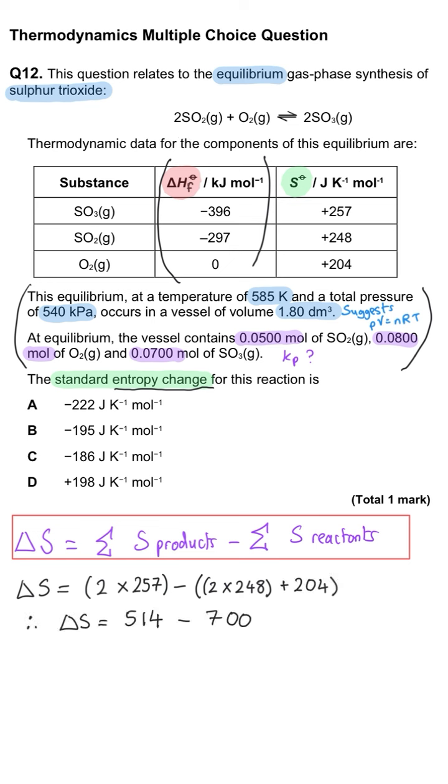And so what we're going to get then is 514 for the total entropy of the product, and then we are subtracting 700 as the total entropy of the reactants, and then this is going to give us an entropy change of minus 186 joules per Kelvin per mole. And so that means that C is the correct answer.